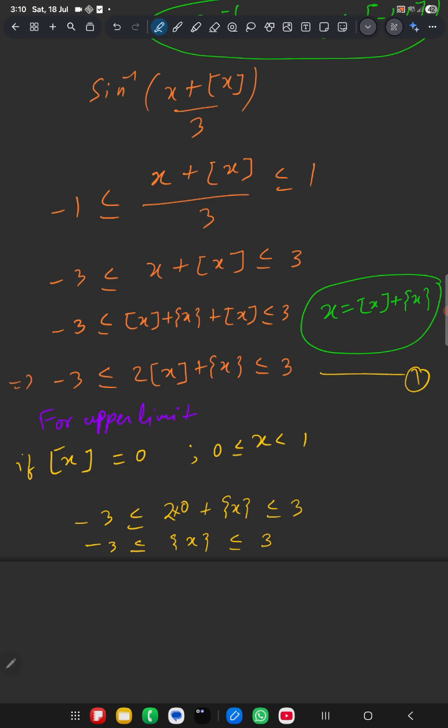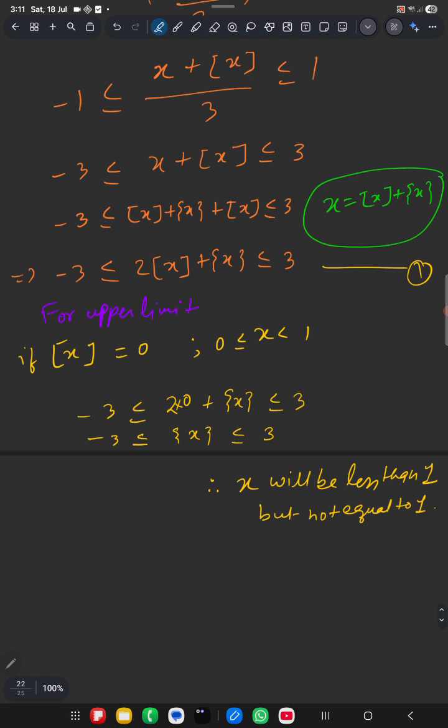So from here we get that x will be less than 1, not equal to 1 but less than 1. We are finding the upper limit, so for that reason x will be less than 1 but not equal to 1.